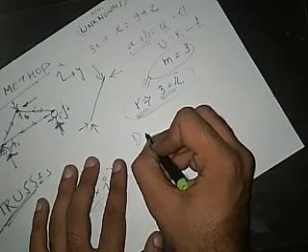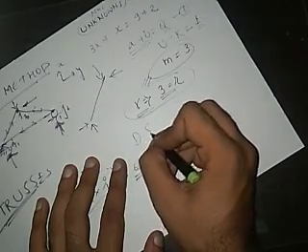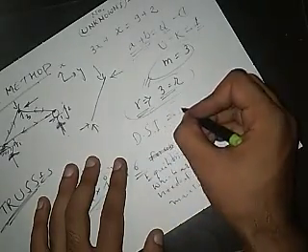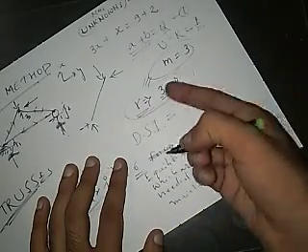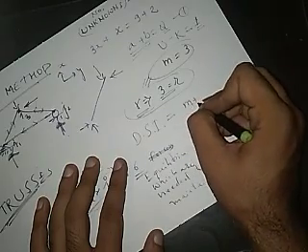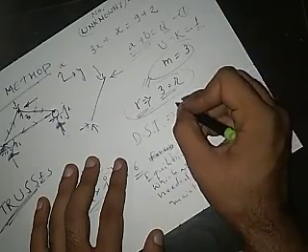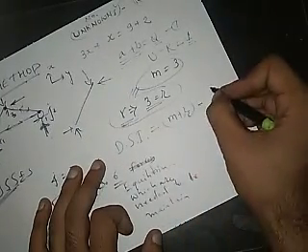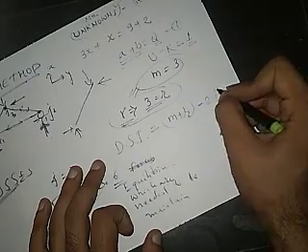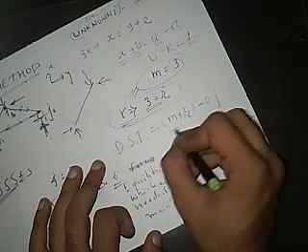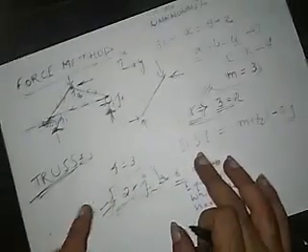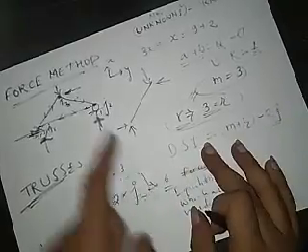The degree of static indeterminacy equals the number of unknowns, which are m plus r, minus the number of knowns, which are twice j. This is the degree of static indeterminacy. Why static? Because we are talking about the force method.